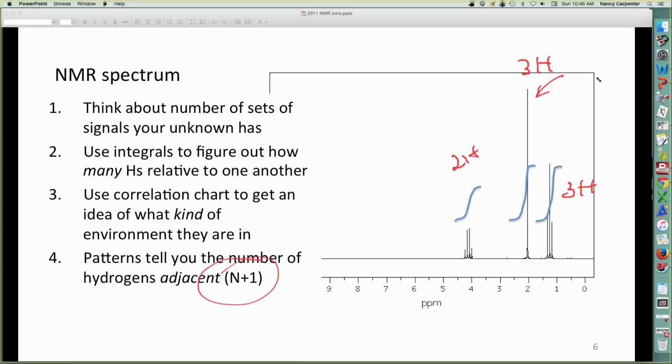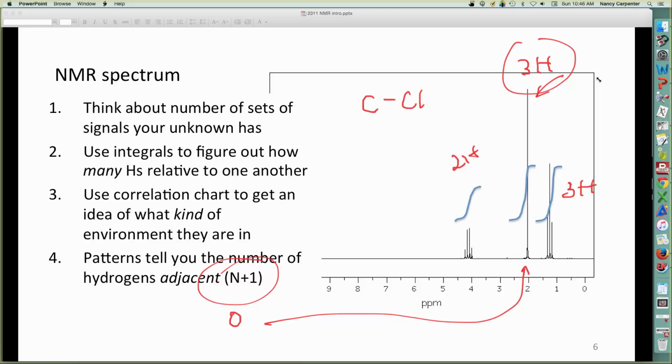The n+1 rule says your signals are going to be split into a number of peaks based on the number of hydrogens adjacent. So if I have 0 hydrogens adjacent, then my signal should show up as a singlet, 1. So that's telling us that this signal for 3 hydrogens has no hydrogens next door.